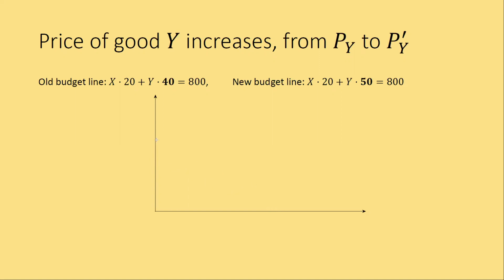Let me draw it further away. All right, this is 40, and this is 20, which is 800 divided by 40. This is the old budget line.